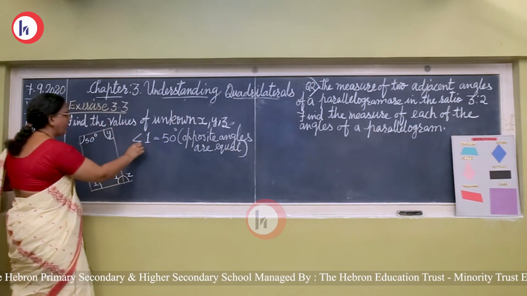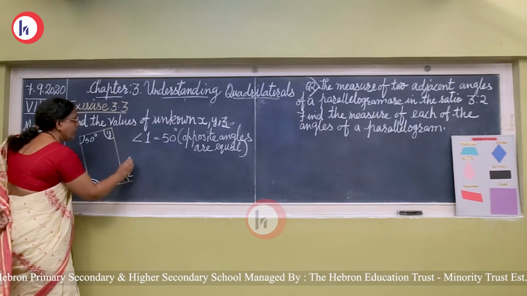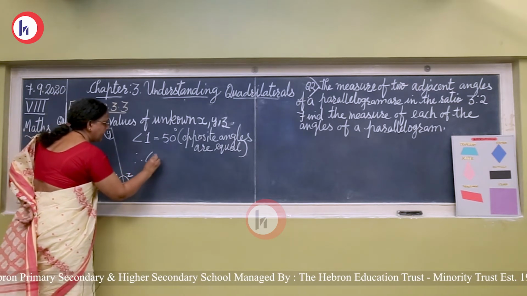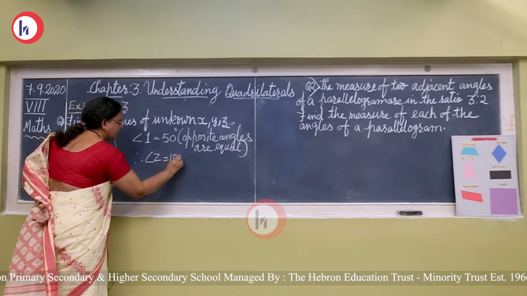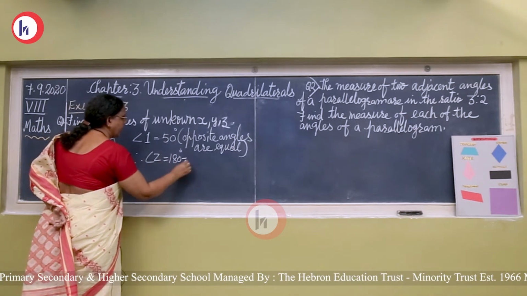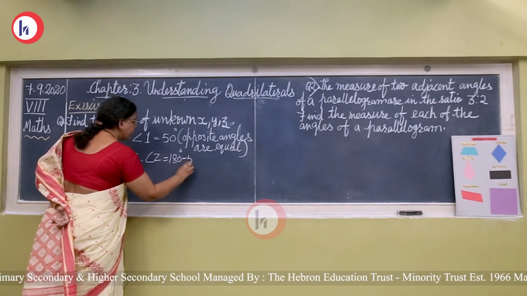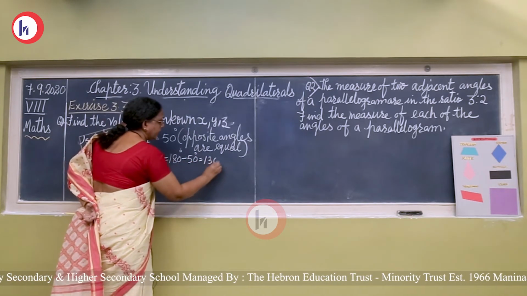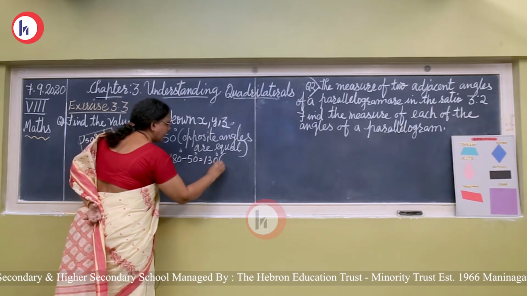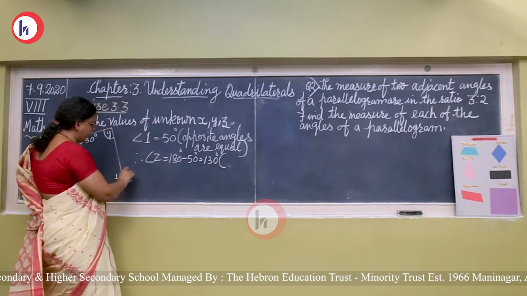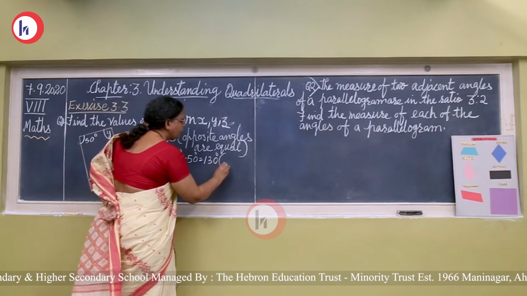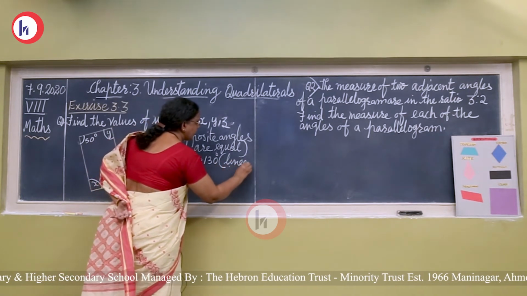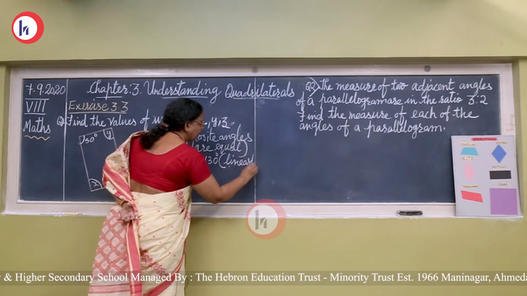Now, angle 1 is equal to 50, therefore angle z is equal to 180 degrees minus 50 degrees, which is equal to 130 degrees. What is the property here? Angle 1 and z are a linear pair, so we write the reason: they are a linear pair.